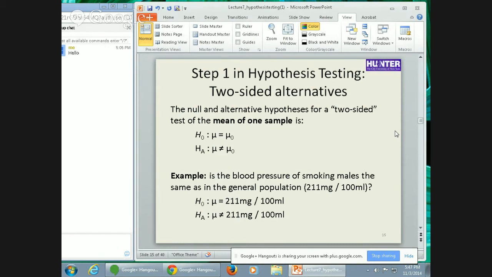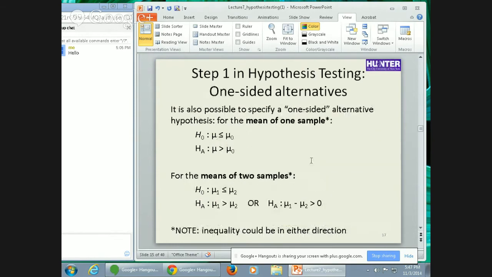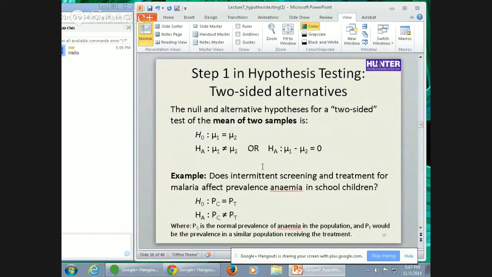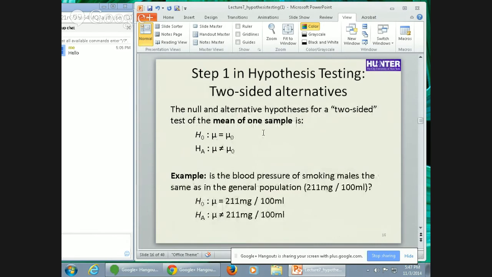Most of the time, you're going to use two-sided alternatives, which looks like this. Your null hypothesis for one sample would be that the mean of your study population is equal to the mean of your theoretical population under the null hypothesis.